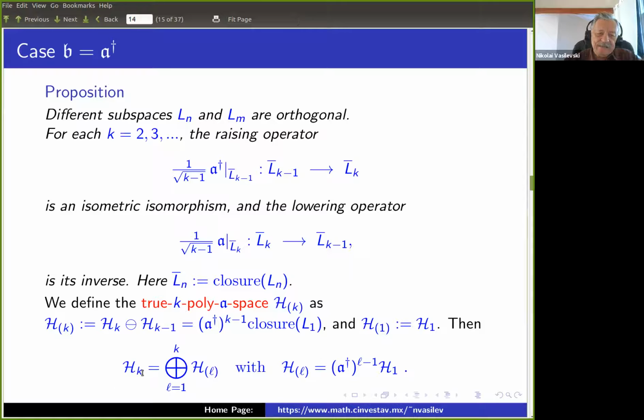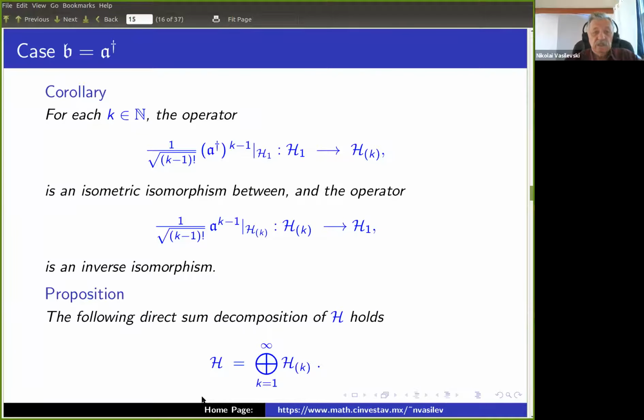And the true k space is just the direct sum of all true l spaces from l equal to 1 to k, where each true l space is the (l minus 1) power of the operator A dagger applied to the closure of the kernel of the operator A.